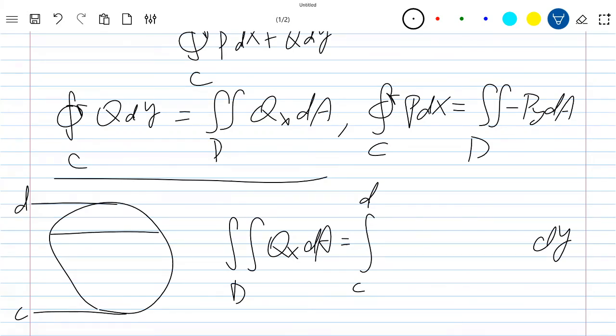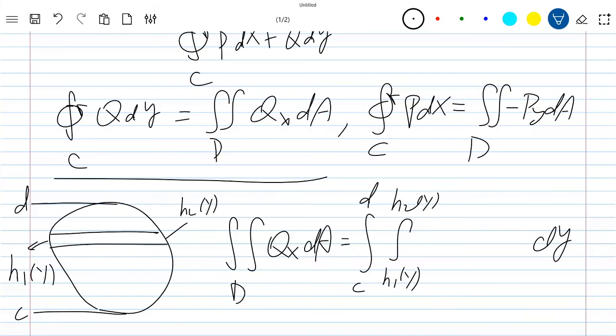So I cut into a lot of horizontal segments like that. This one is called h1(y) and h2(y). So this will be from h1(y) to h2(y), x equals, so they have dx, and then have Qx integrated.